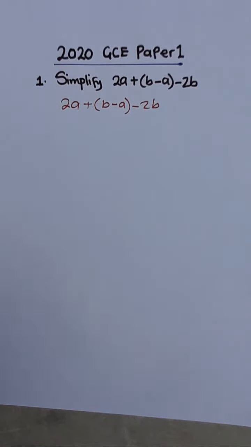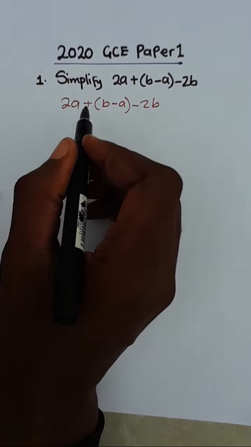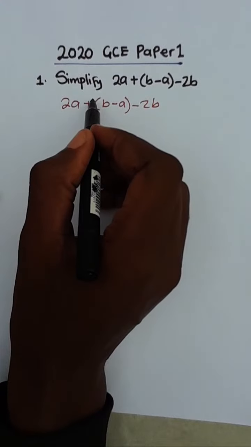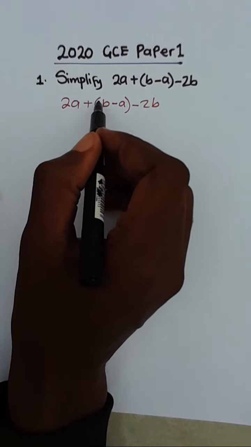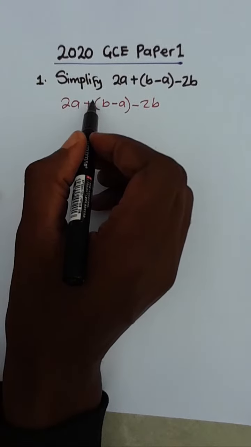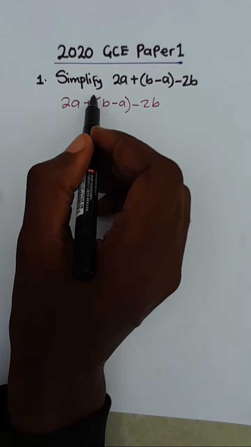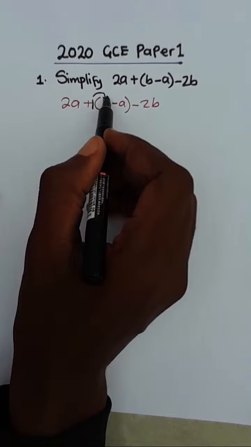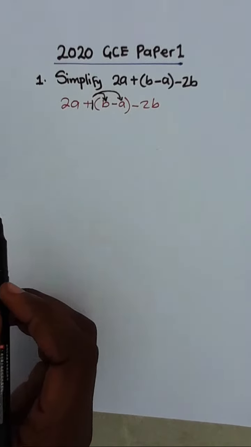Whenever you are told to simplify and there are brackets, the first thing that you are supposed to do is to open the brackets by multiplying by everything that is in the brackets. Here there is an invisible one. So we're going to multiply this by that, then the same by that to open the brackets.